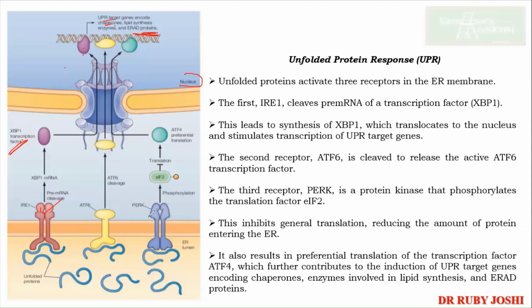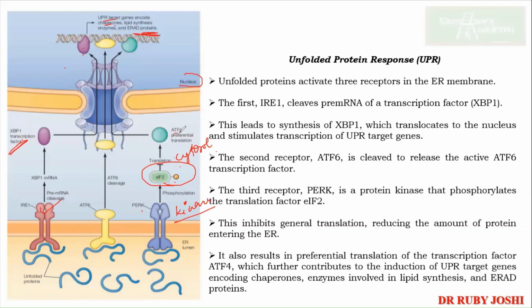Okay, so here what happens in the case of PERK is that it's a kinase. Okay, so kinase adds a phosphate group to your initiation factor. This initiation factor is for your translation. So because of this, your translation will get inhibited, which is happening in the cytosol, right? Now this inhibition, okay, it is going to make sure that this ATF4 is also getting activated.